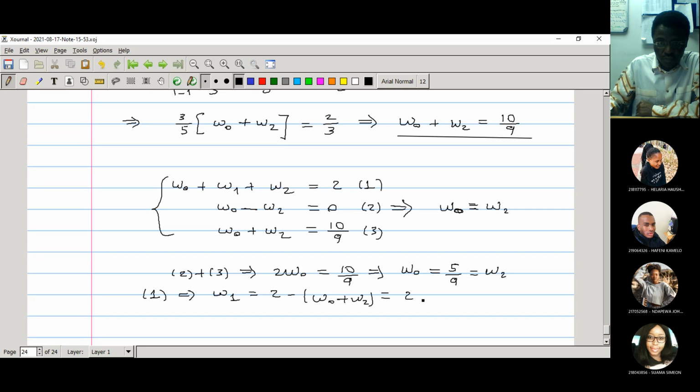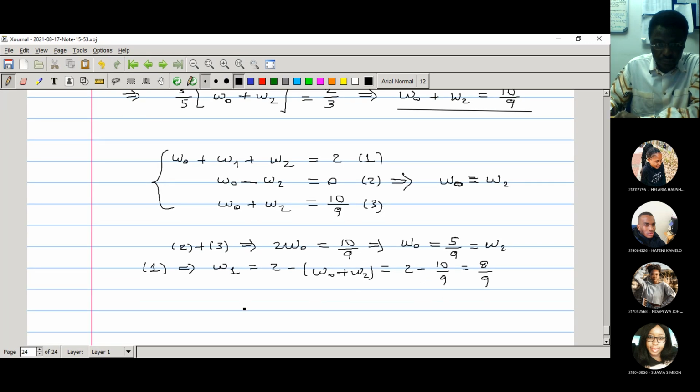So that is 2 minus 10 by 9, right? So this is 18, so that would be 8 by 9, because this is 18 minus 10, that is 8 by 9, right? So that is our W1. So W1 is 8 by 9. Now, it is simple.